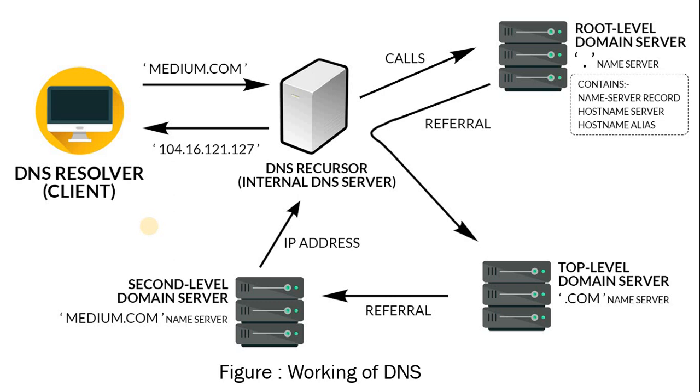The top level domain server deals with the last part of the host name, which here is the .com name server. So it maps to the particular .com server. There are many different organizations with name servers like .com, .org, .au.org, and others. After mapping .com, it forwards the query to the second level domain server, which looks for the second part of the host address, medium.com, which belongs to the medium.com organization.